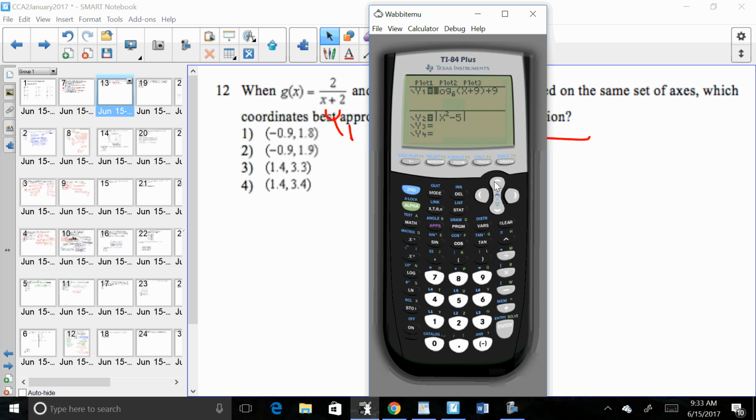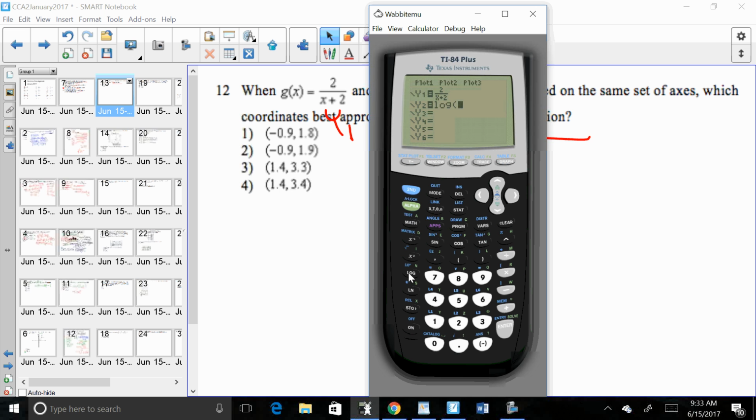Y equals, let's get these out of there. I've got alpha y equals, enter 2 over x plus 2, and then I'll go to y2 and I'll put log.